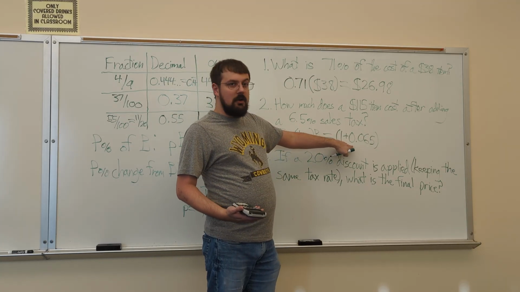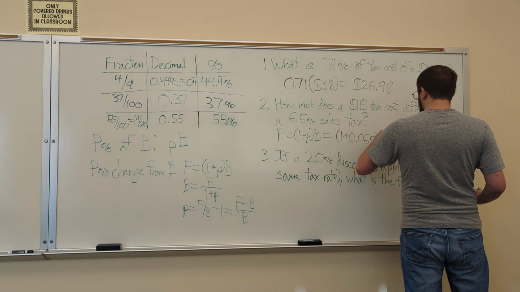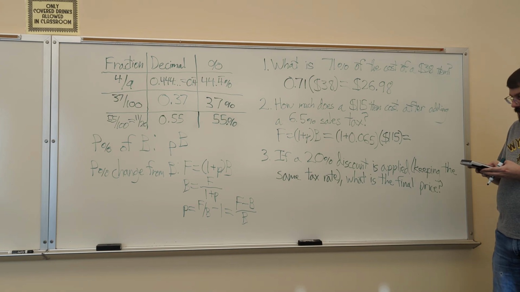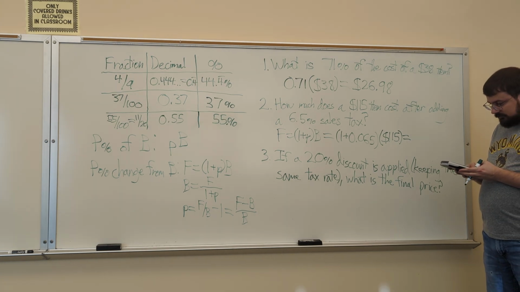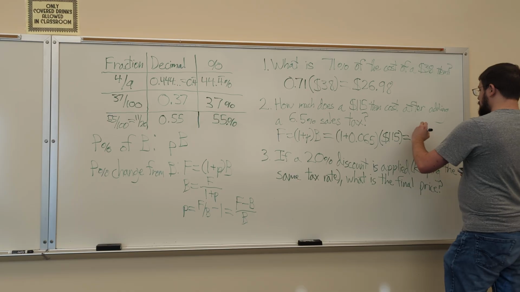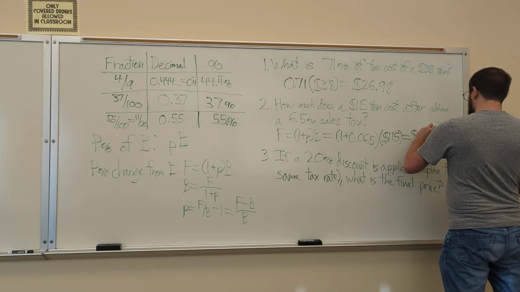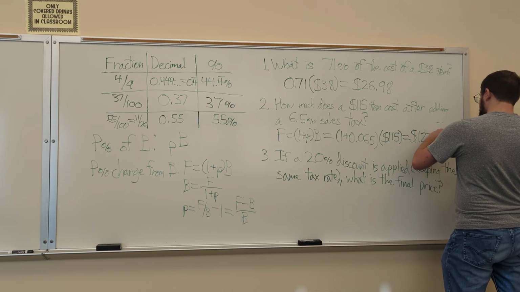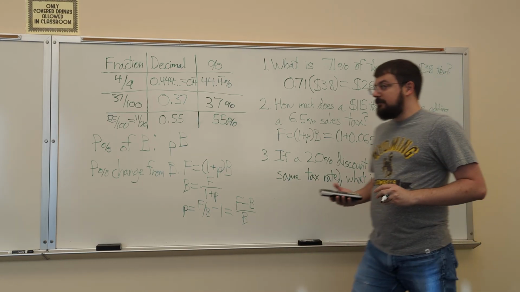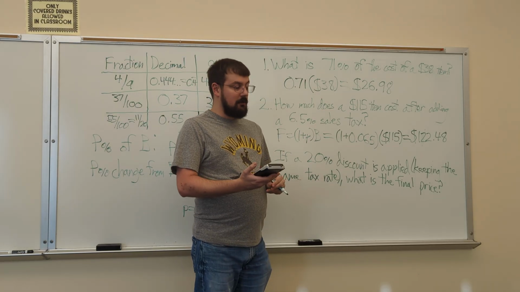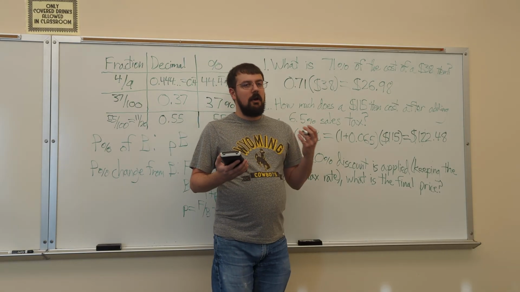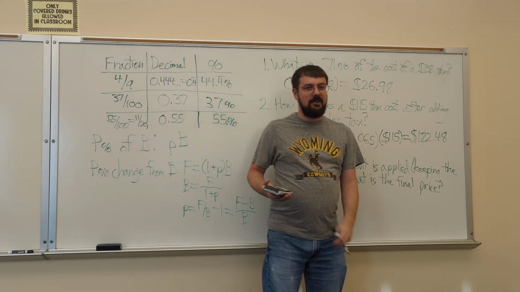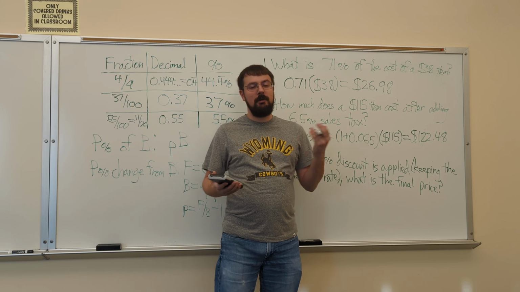So 1 plus 0.065 times $115 works out to 122.48. So actually, if you put this into your calculator, what you get is 122.475, but unless we are dealing with prices in terms of half a penny, we're always going to round this to the nearest cent. So 122.48 is what we would actually use.